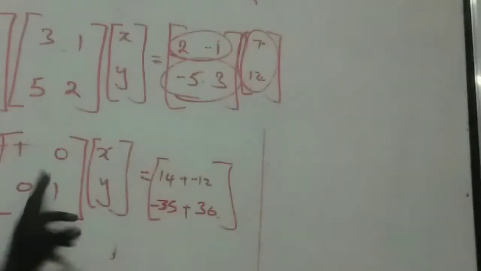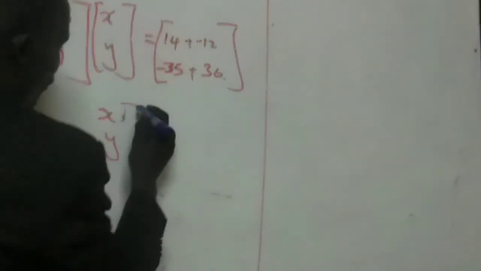So, identity matrix times a matrix, we realize, gives us that matrix. So when you multiply this identity by this matrix, we will get x, y.